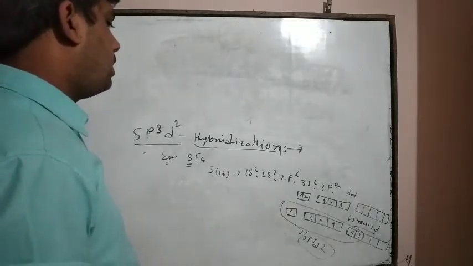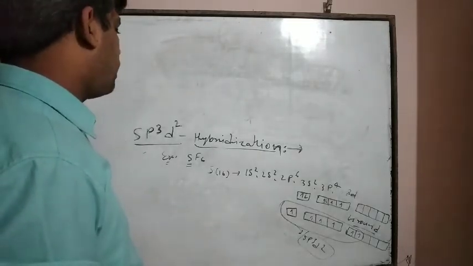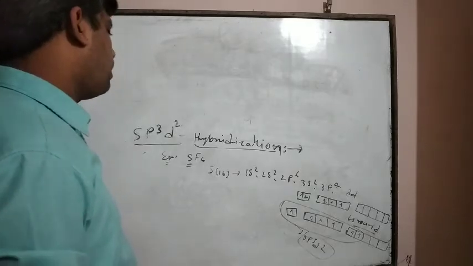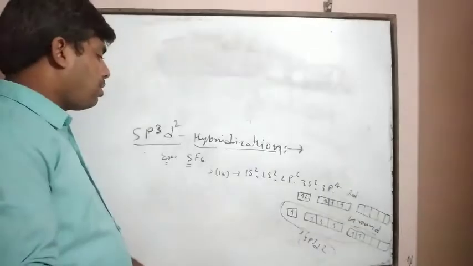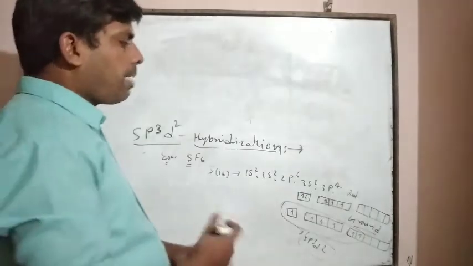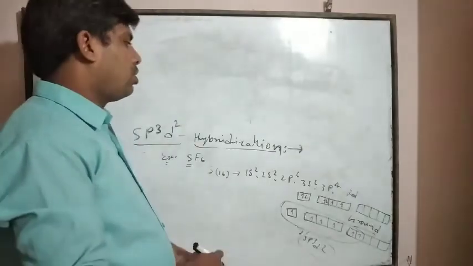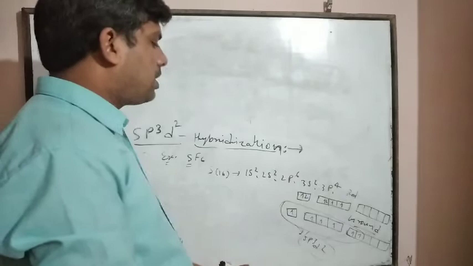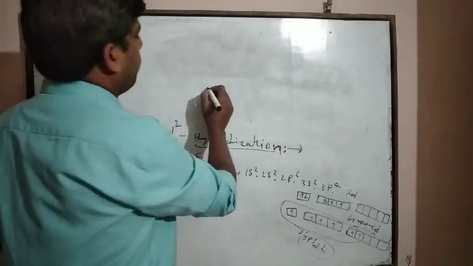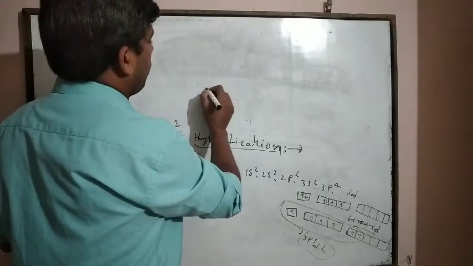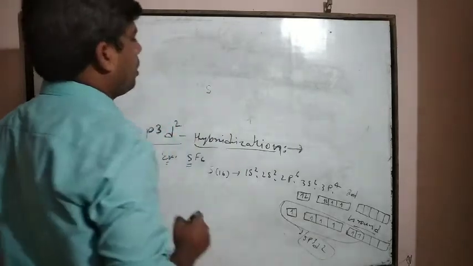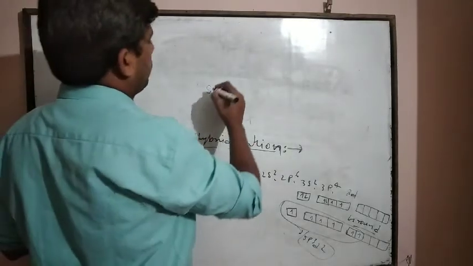With these 6 hybrid orbitals, the p orbitals of 6 fluorine atoms overlap to form 6 sigma bonds. In this way, SF6 has an octahedral structure.